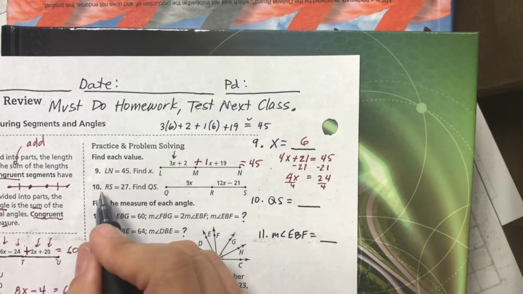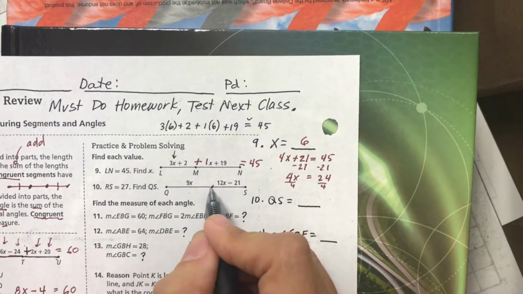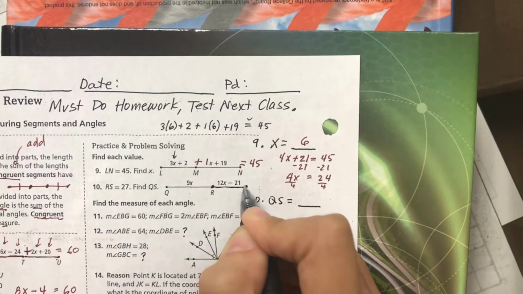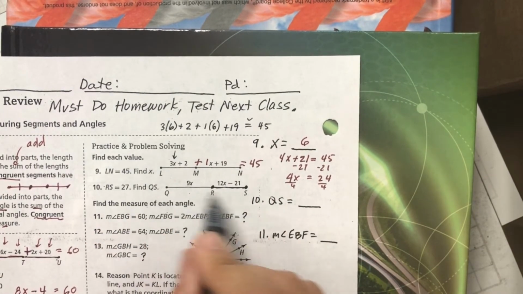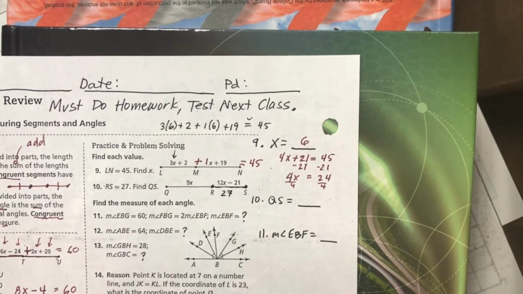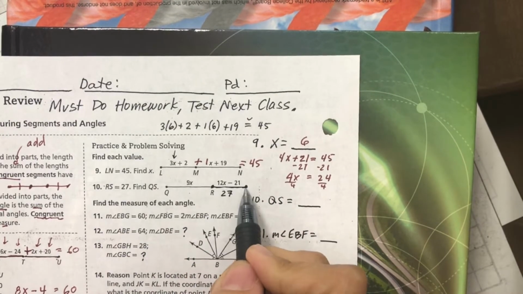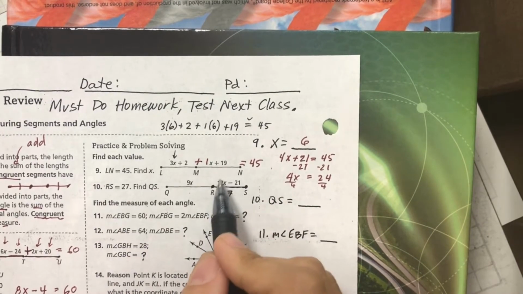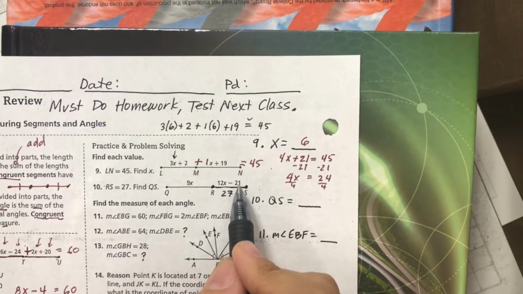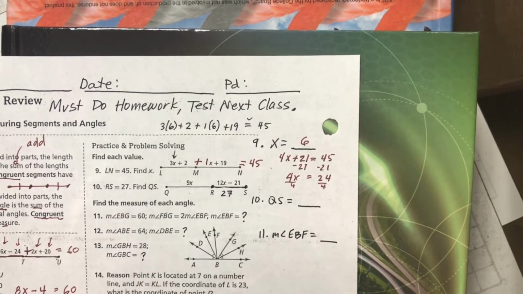Next one. Now they're saying, ooh, this one's a little harder, so maybe I would put the easier one on the test at this point, but we should be prepared to answer in the next week or two a harder one. What if this part was 27? So now I'm setting this up as a formula. This segment, 12x minus 21, should equal 27.